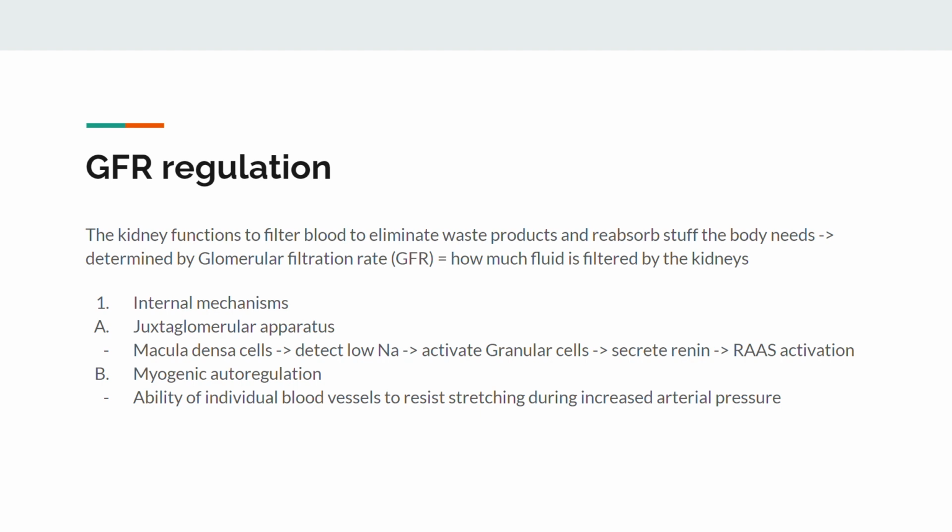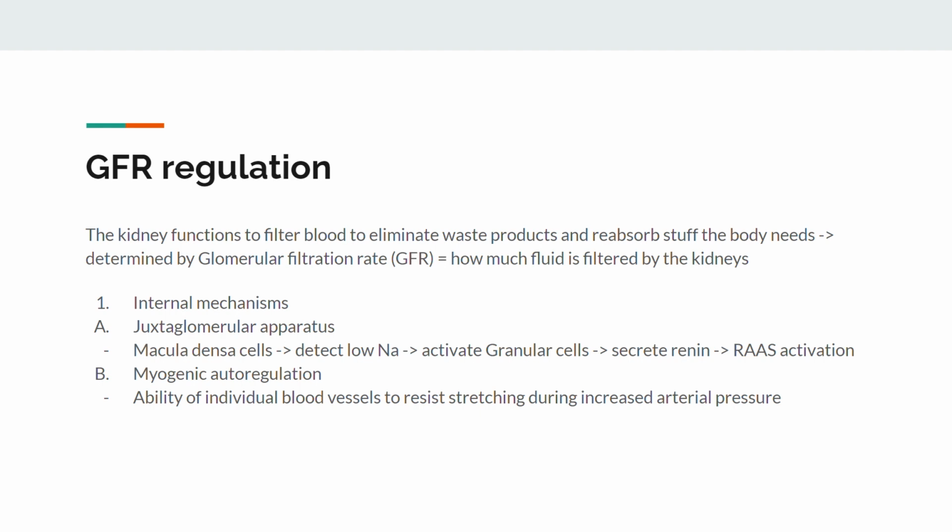So macula densa cells detect low sodium. These activate the granular cells, which then work to secrete renin and activate RAS. As you might remember, renin activates angiotensinogen to angiotensin 1, then you've got ACE within the lungs and the liver, and that activates angiotensin 1 to angiotensin 2, and then angiotensin 2 works to do a variety of things, all to increase GFR.